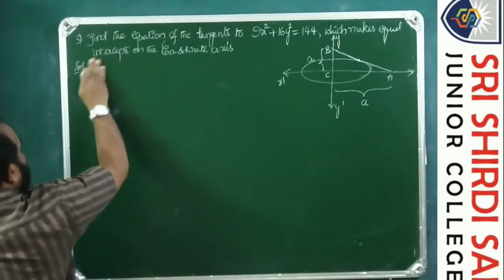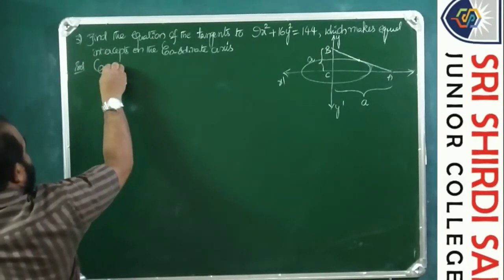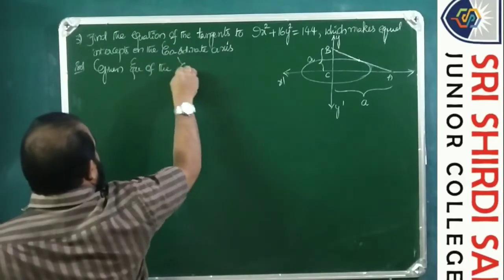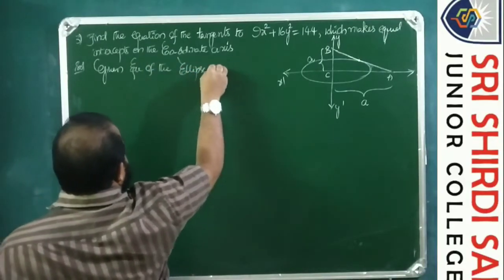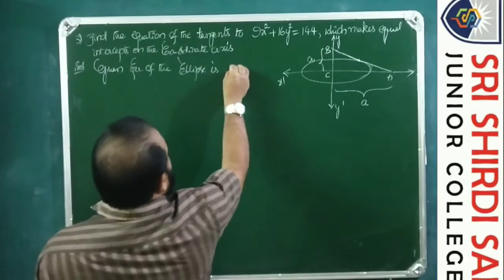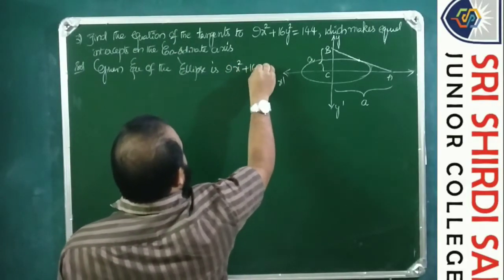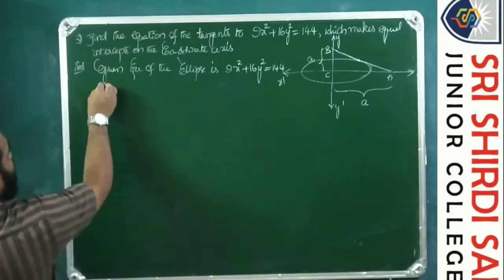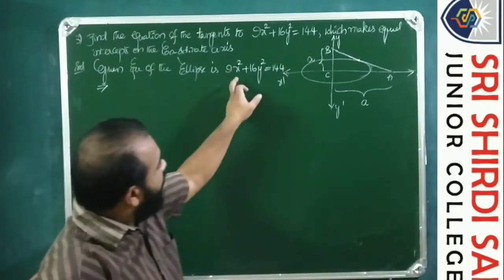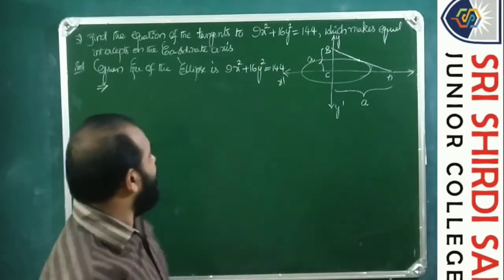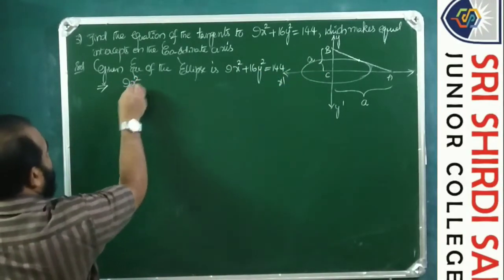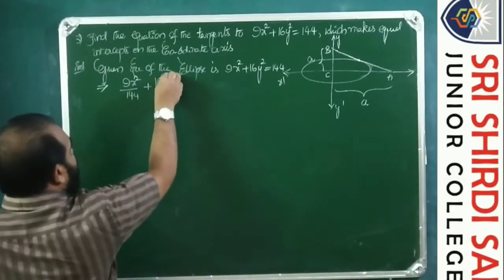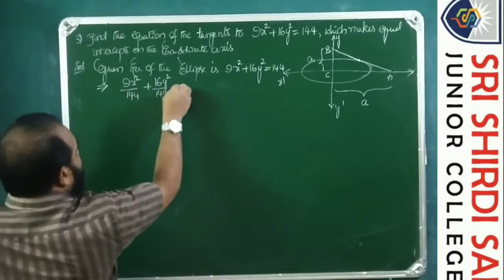So given, the equation of the ellipse is 9x square plus 16y square equals 144. So that implies divide by 144 on both the sides, then we'll get 9x square by 144 plus 16y square by 144 equals 1.